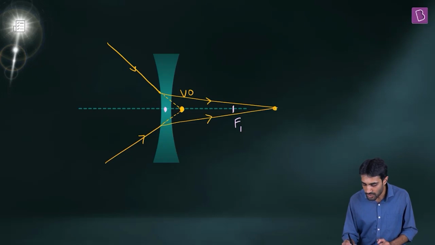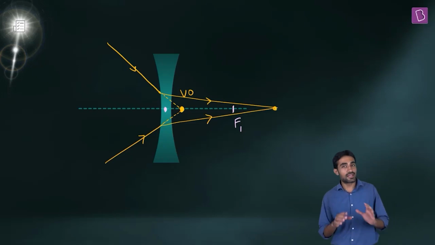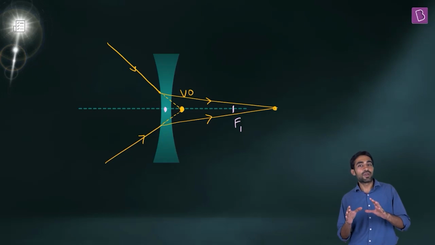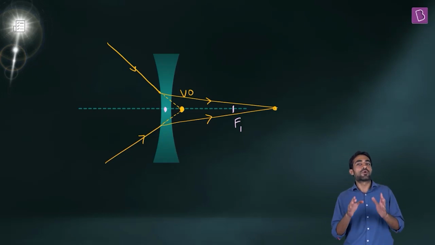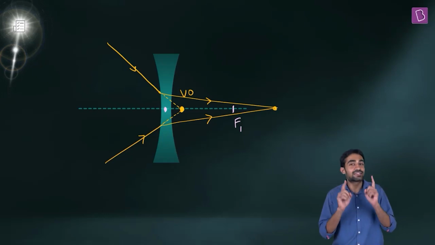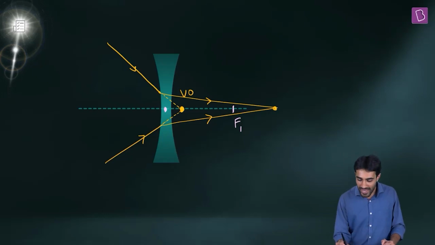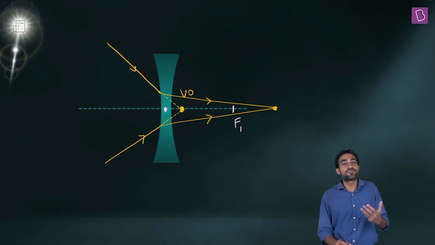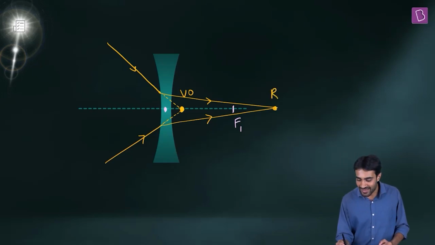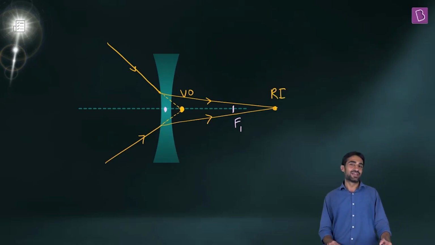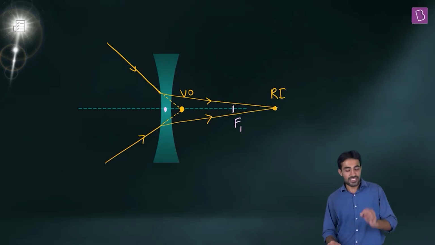So they were actually converging. Now they are still converging, but they were more converging before they encountered the lens. Now they are somewhat less converging, but they still converge. And when the light rays converge after refraction, we will get a real image. So we can form a real image when we have a virtual object.